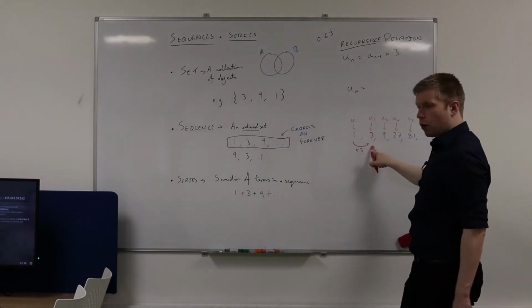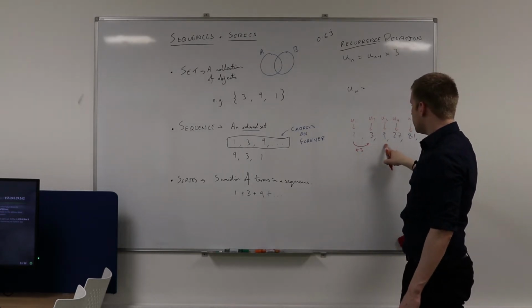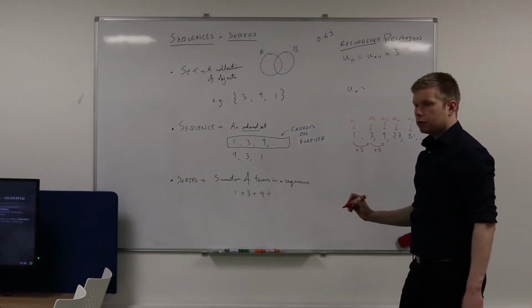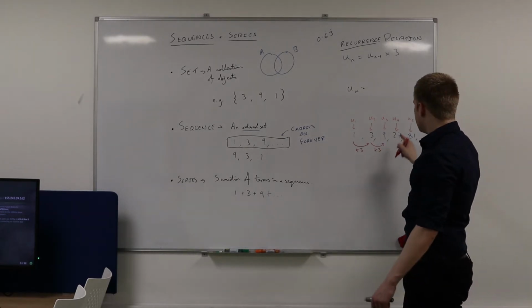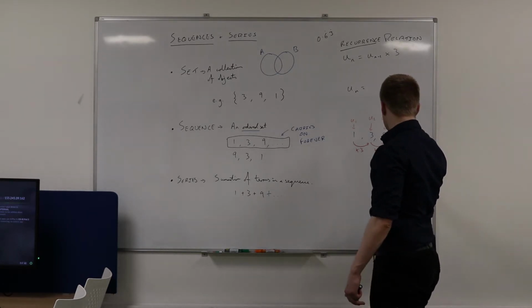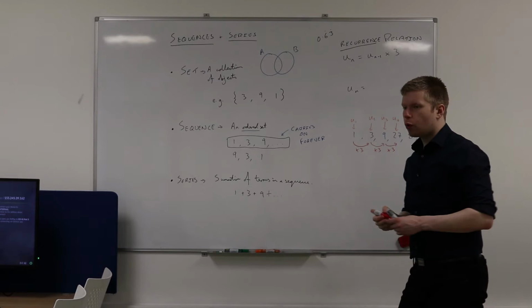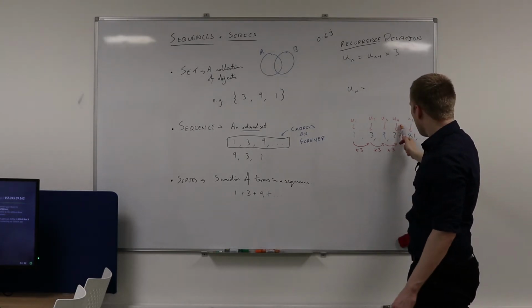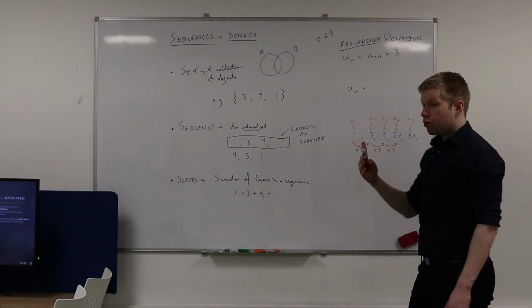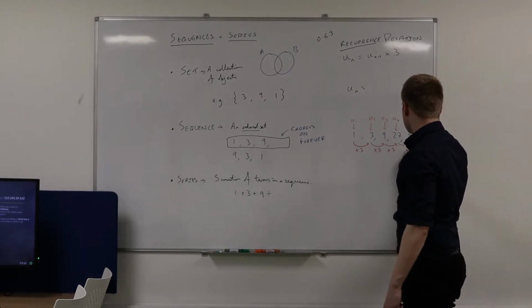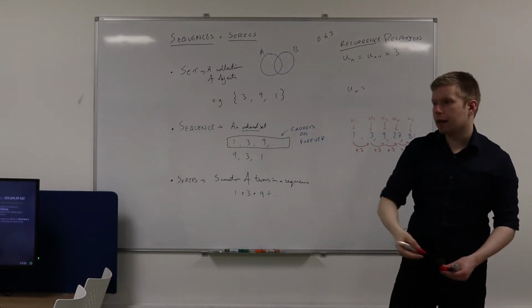To get to u3, how many times have you multiplied by 3? Twice. To get to u4, how many times? 3 times. So you notice that you're always 1 behind whatever number of terms you're up to. To get to u5, how many times have you multiplied by 3? Good. So you're always lagging by 1.